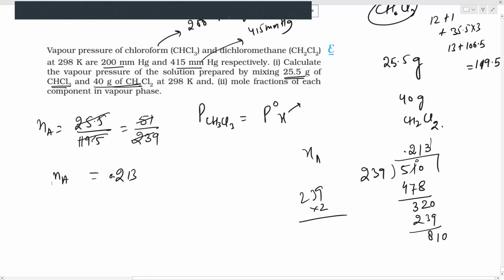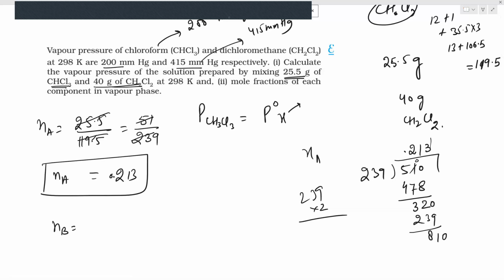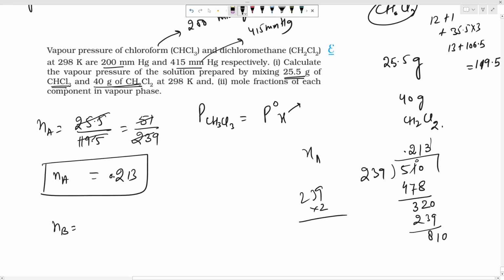Now what is the number of moles of B? Calculate the number of moles of B. Same way. It is 40 gram. The given mass is 40 upon how much?